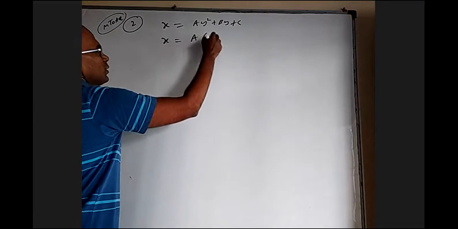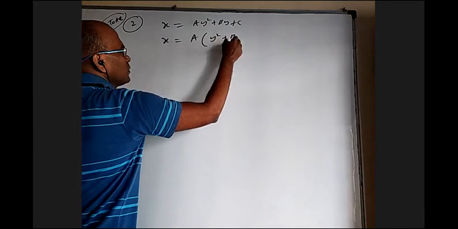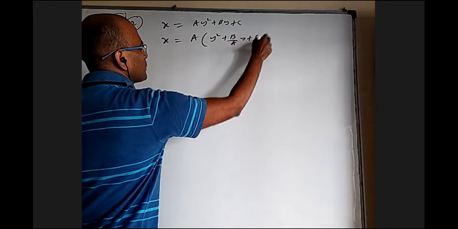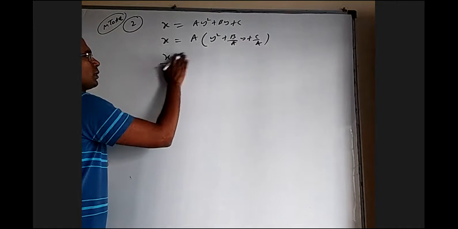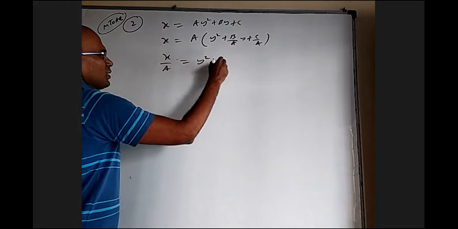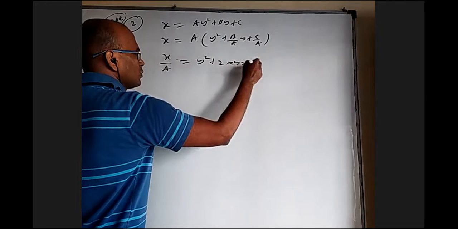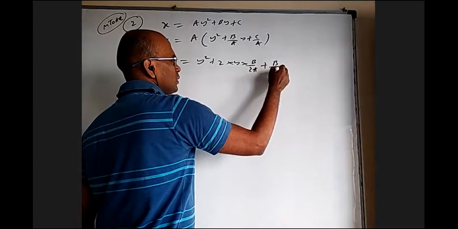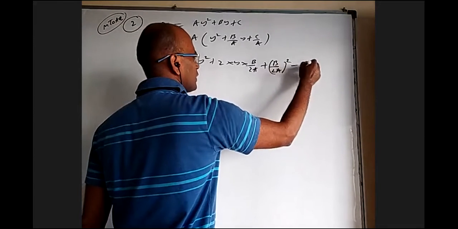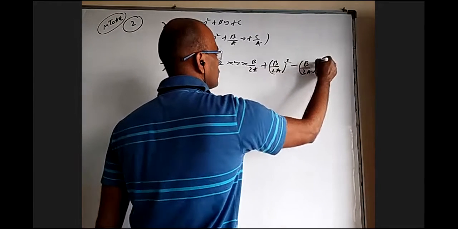We can take a common, we get y square plus b by a y plus c by a. You can even bring this a down. Y square plus 2 into y into b by 2a. You can add (b by 2a) whole square, subtract (b by 2a) whole square plus c by a.